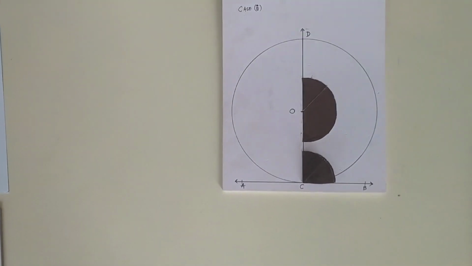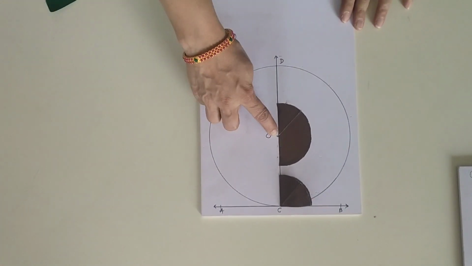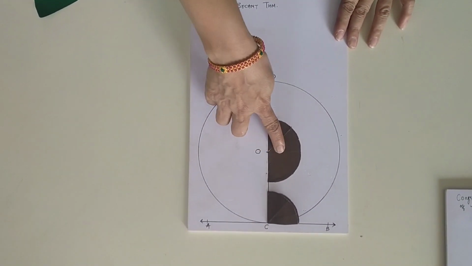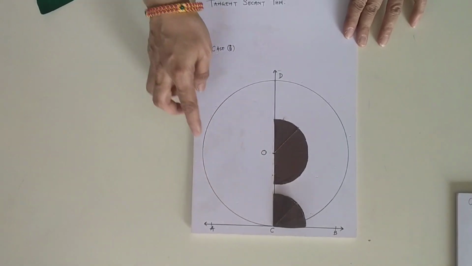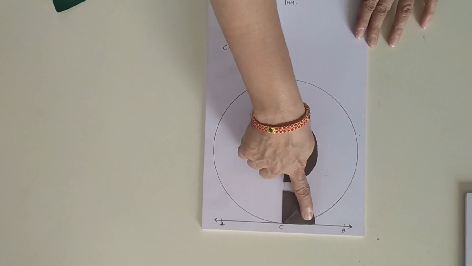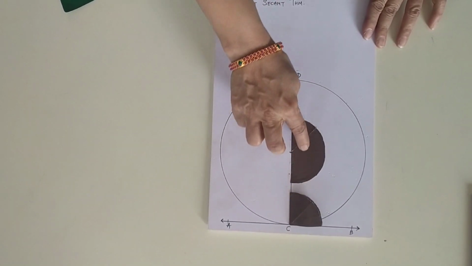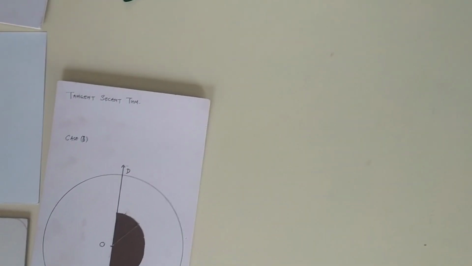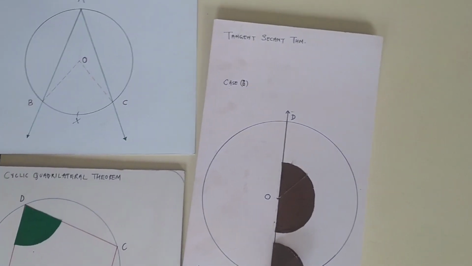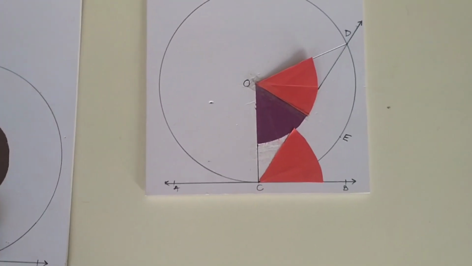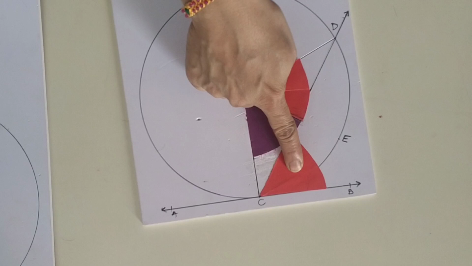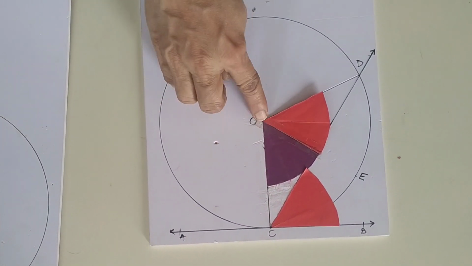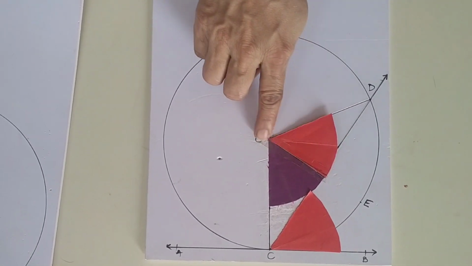In this tangent secant theorem, you can also observe that the center of the circle lies on the arm of the angle. So in this case, this angle is half of the intercepted arc. The same thing we can observe in this case, because again we have the angle between the tangent and the secant, but here the center of the circle lies in the exterior of the angle.